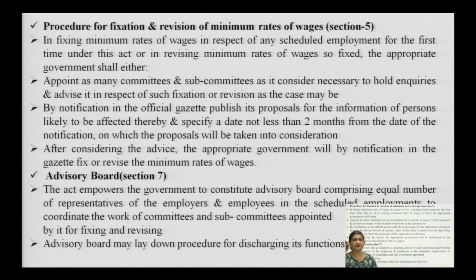They may appoint as many committees and subcommittees as it considers necessary to hold enquiries and advise it in respect of such fixation or revision, as the case may be.